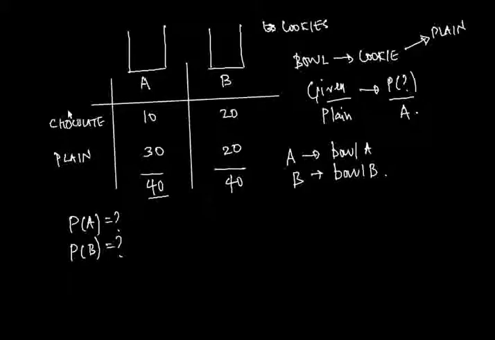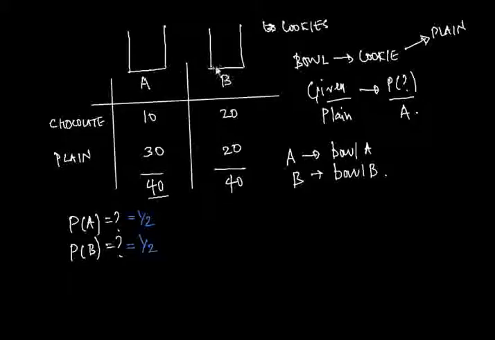Right, so some of you must have figured out that the probability that a cookie came from bowl A is half, right? And the same goes for bowl B. Now why is this the case? Well, remember, we first picked the bowl, and what's the probability of picking bowl A? Well, that's just half. And what's the probability of picking bowl B? That's also half. We pick a bowl at random.